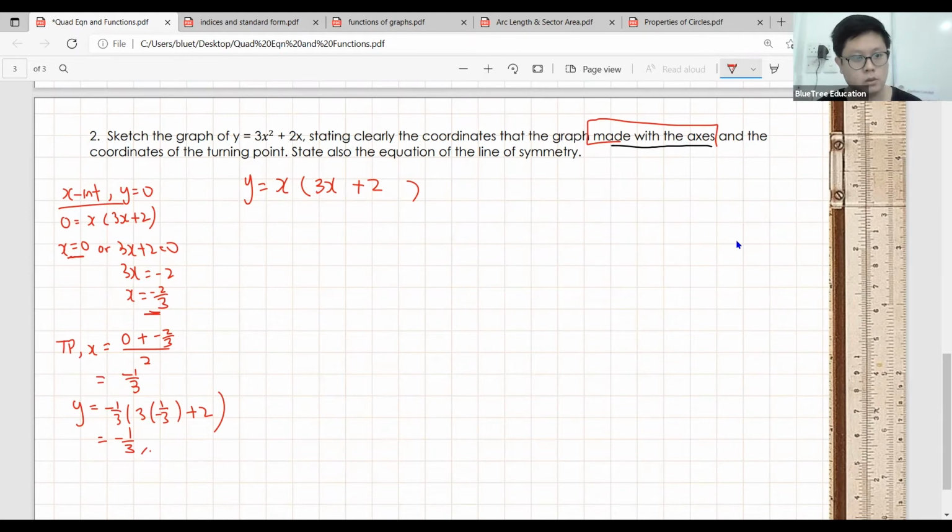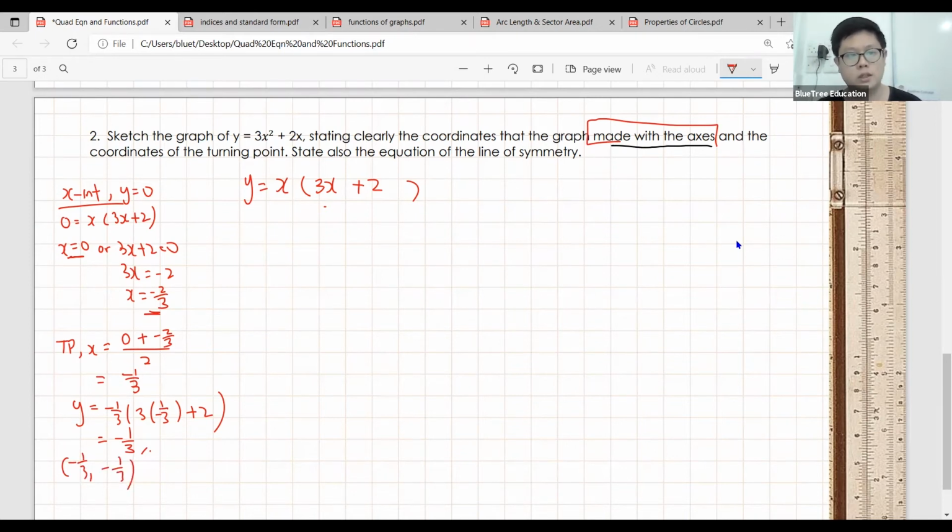Am I right? Did I do something wrong here? Let me check. Negative 1/3 times... Yeah, I got it. So the turning point coordinates are negative 1/3 as well as negative 1/3.